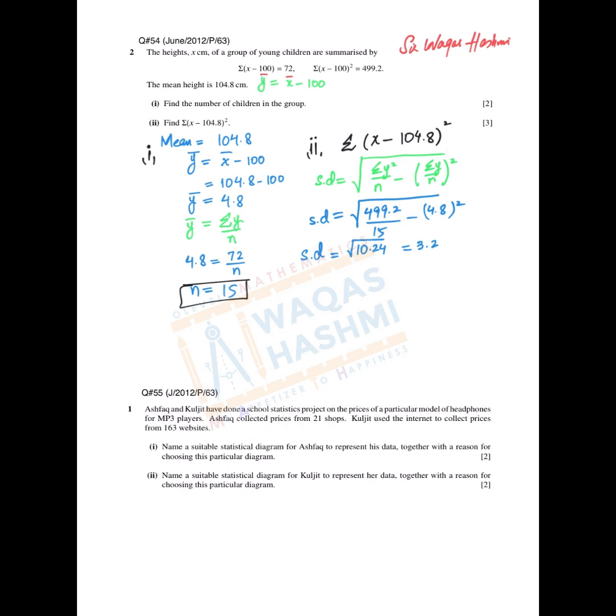Now we need to find for this data. I start with the supposition that y is equal to x minus 104.8, and if I apply the bar sign, I am talking about y bar. So y bar is equal to the value of x bar, given in the question as 104.8, minus 104.8.